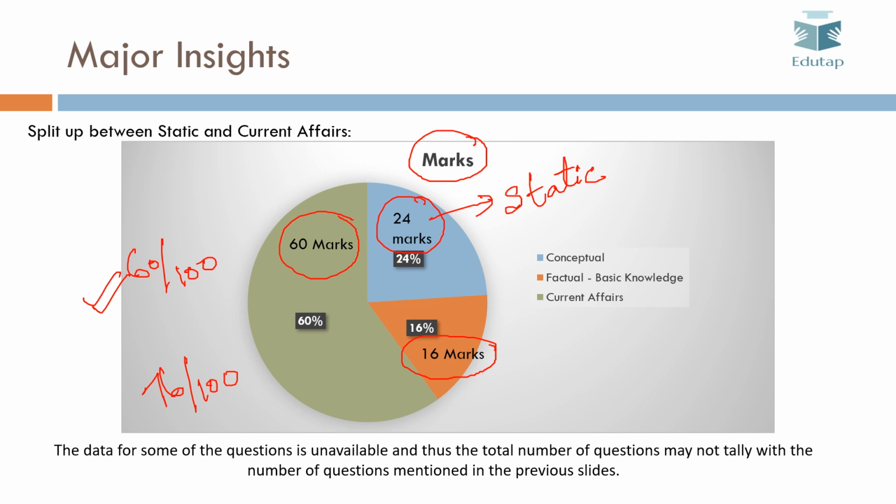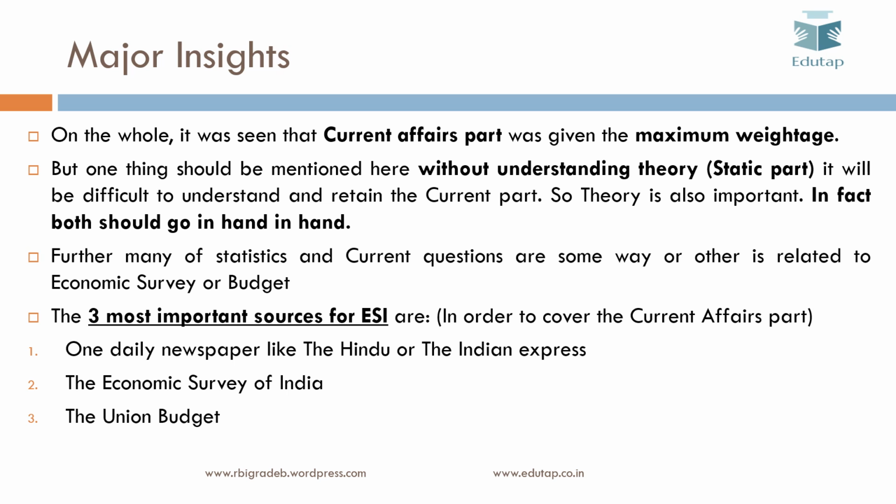Okay friends, so what are the major insights or major takeaways? First of all, yes, the current affairs part is given maximum weightage. But as I always pinpoint and tell you, without understanding theory, it is not easy to go towards your current affairs part, and retention of that current affairs part becomes a very big problem.